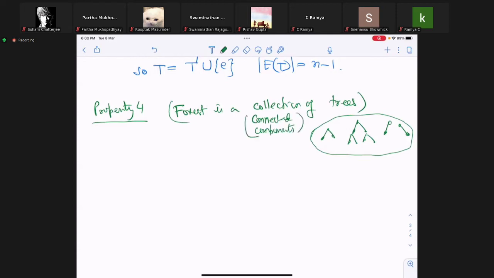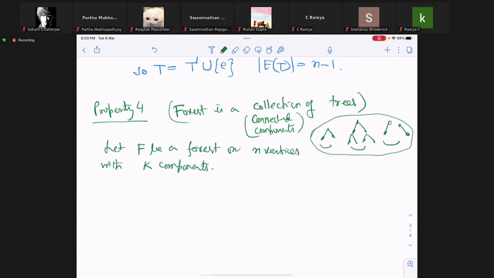Now observe the simple property: let F be a forest on n vertices with k components. These are the components.